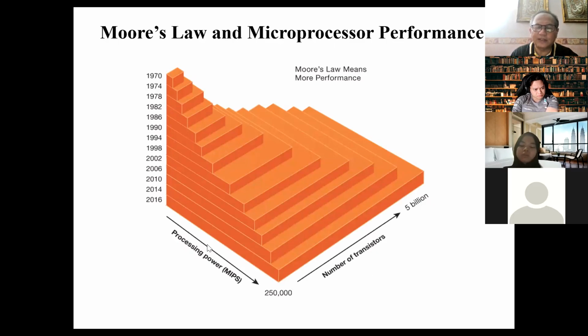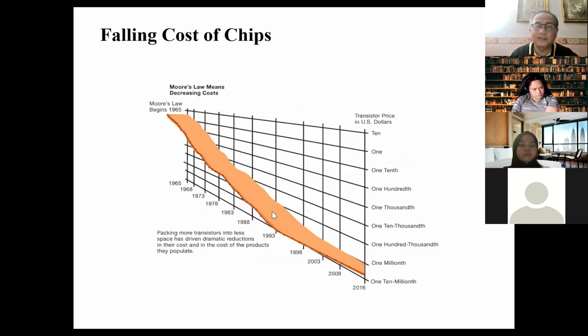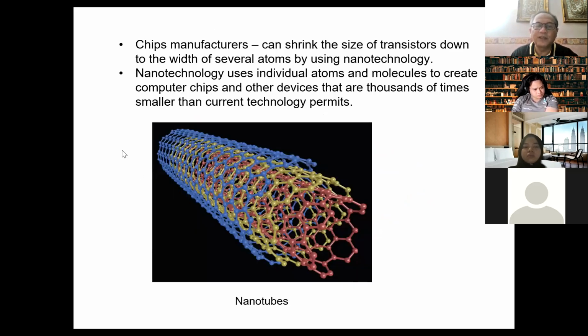Anyway, you can see that the MIPS, millions of instructions processed, the processing power, have increased over time from 1970 to 2016. The number of transistors have increased, and the price of the transistor also has reduced.